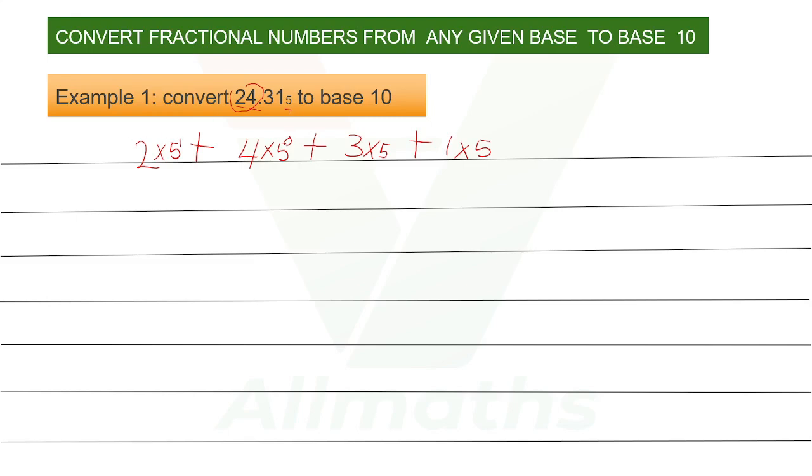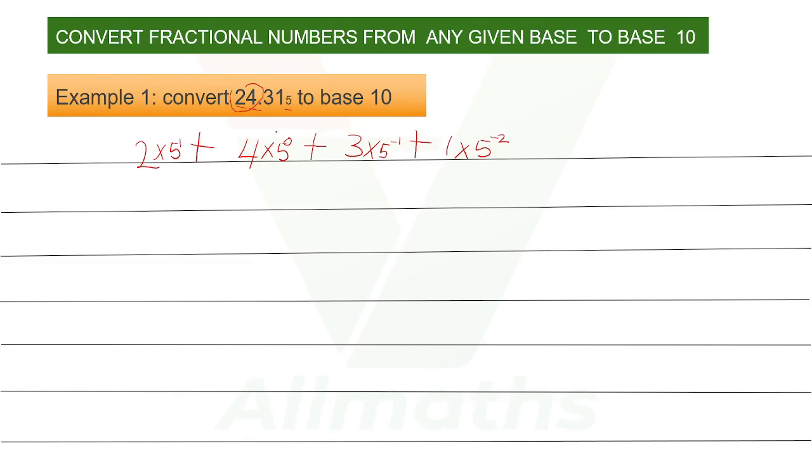For the decimal part, after 0, the next integer you have, the negative integer, is what? -1, then -2. It's as simple as that. For any digit after the decimal point, to your right, you start with -1, -2, and you move like this, while for the whole number part, you start with 0, 1, 2. Once you get this, your work is half done.